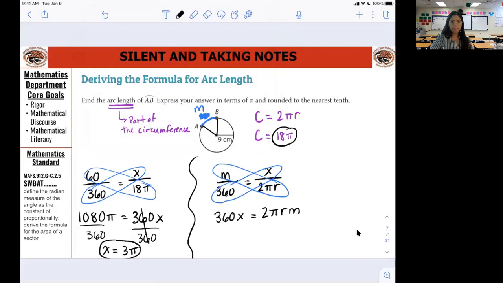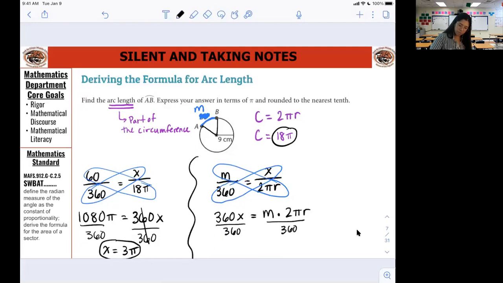Or actually, I'm going to put m on the other side, so it's m times 2 times pi times r. And then what would I have to do to both sides again? Divide by 360. Yep, we would still be dividing by 360.